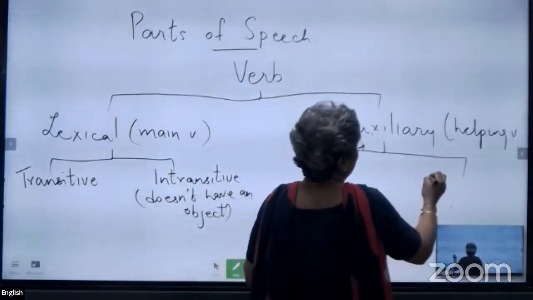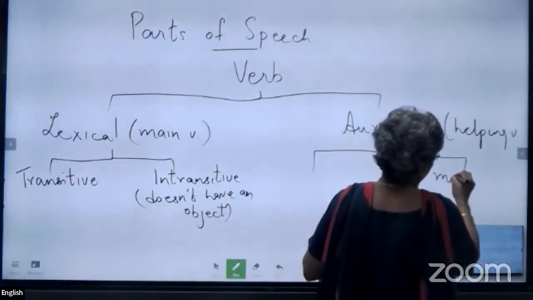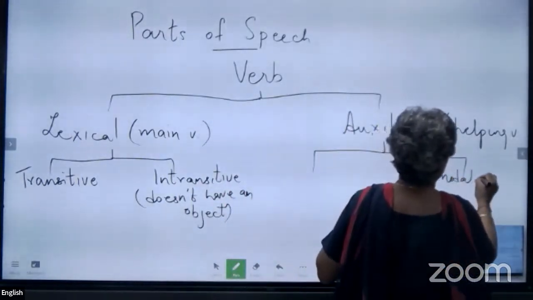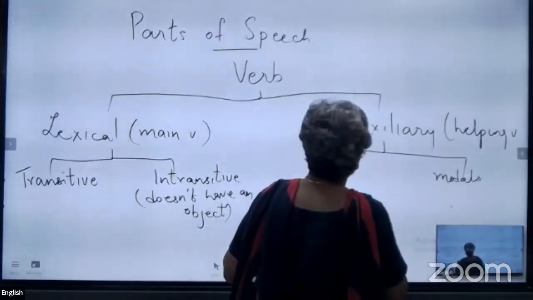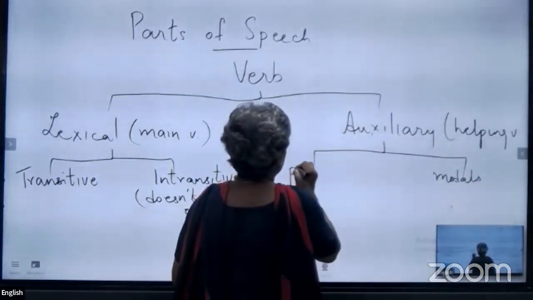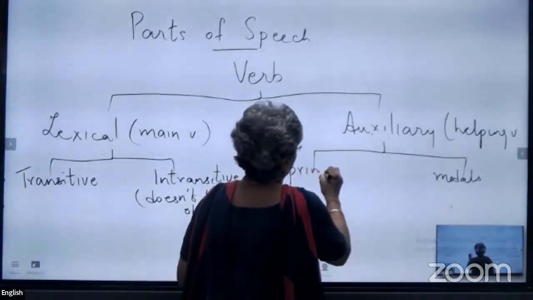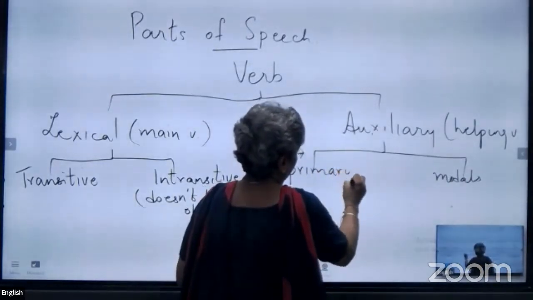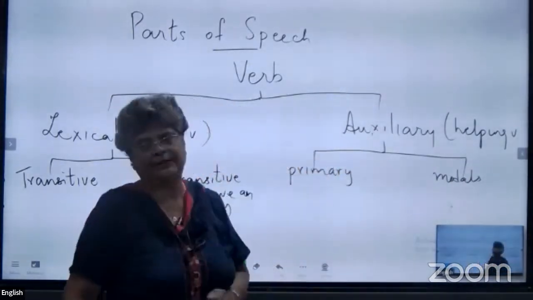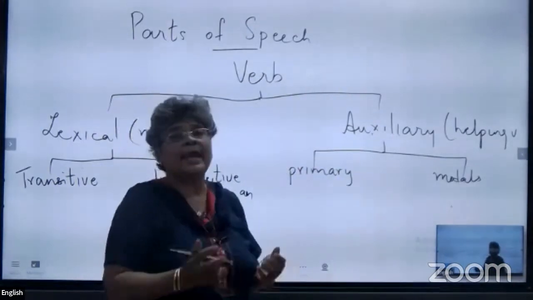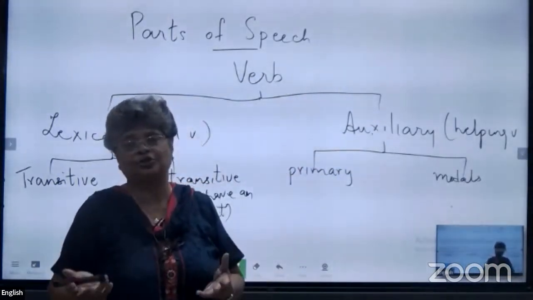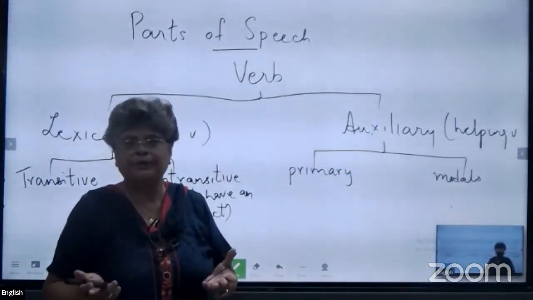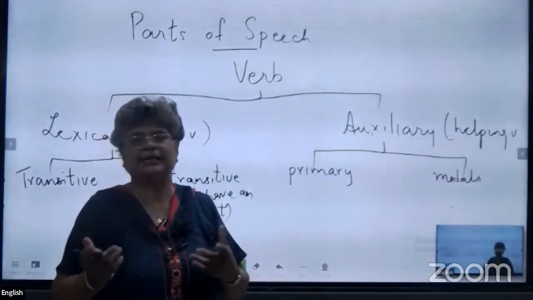One is the modals. Actually, I should write it there, but the screen won't be sufficient. And the other one is the primary. Now, what are modals? Can, could, shall, should, will, would, may, might, need, did.